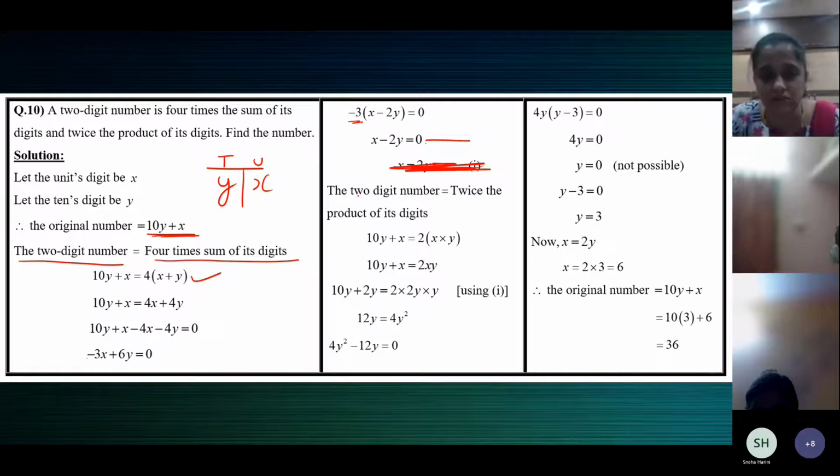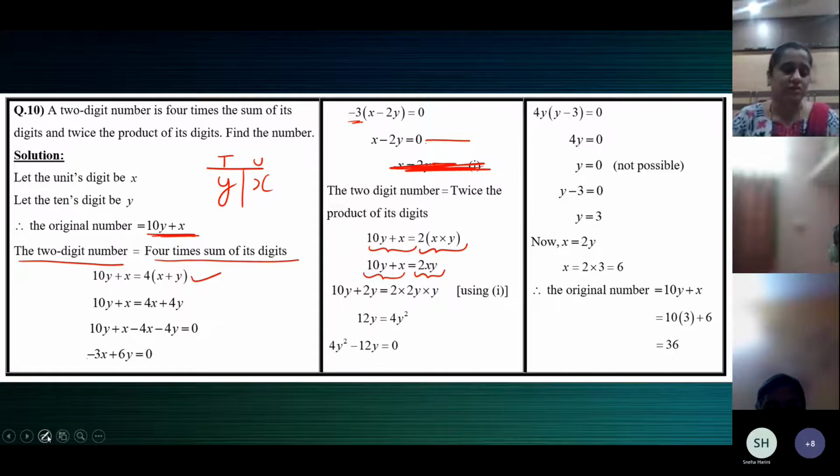Now the next information: the two-digit number is equal to twice the product of the digits. So the two-digit number is 2xy. Now we're using the substitution method.